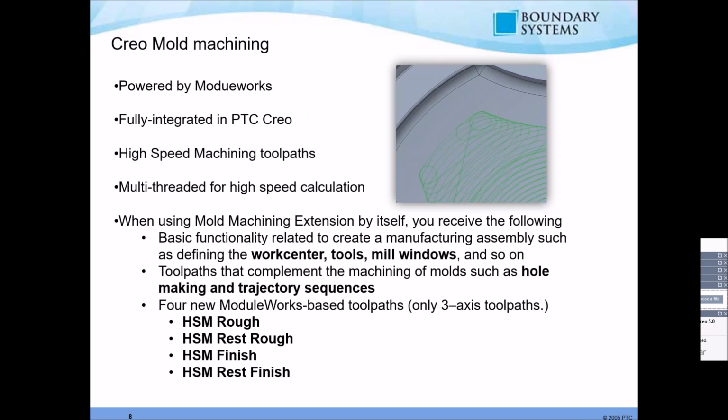So on the Creo Mold Machining, the toolpaths that I'll show you today are basically powered by ModuleWorks. It's fully integrated into Creo, so it's not going to be an app that you start up in the background where you jump from interface to interface. Everything is integrated, so it will have exactly the same feel as all the other sequences and things that you can create in Creo.